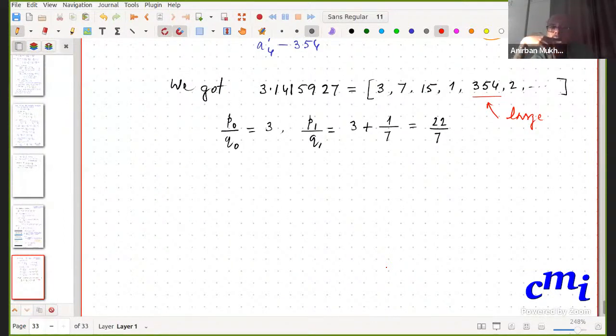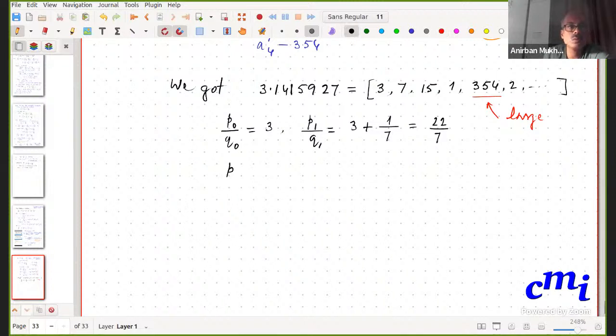I can't recall which one. Anyway, if you have a very large partial quotient, then you can just terminate before that, which would give you a very good approximation, because the contribution coming from the next one is going to be small. That's the reason. So let's calculate the next two.